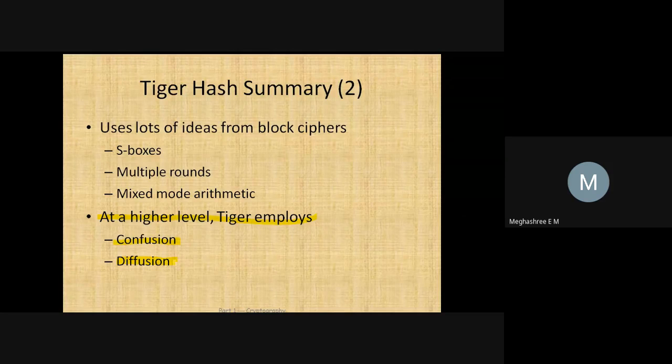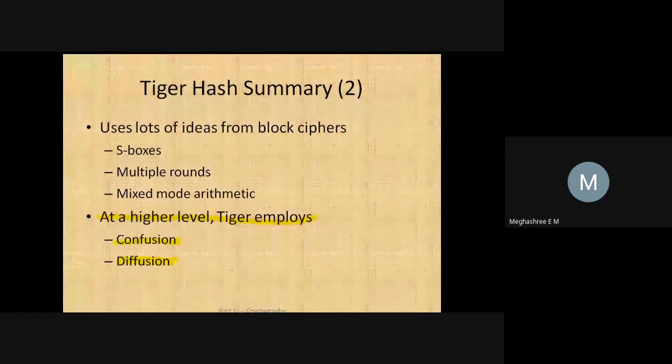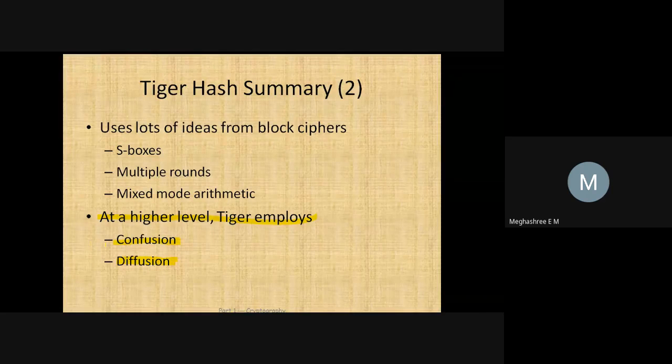Whatever letters are present in the plain text should spread over the ciphertext, so the attacker should not be able to find out the plain text even though he receives the ciphertext. The Tiger hash function satisfies both design principles of a crypto algorithm.